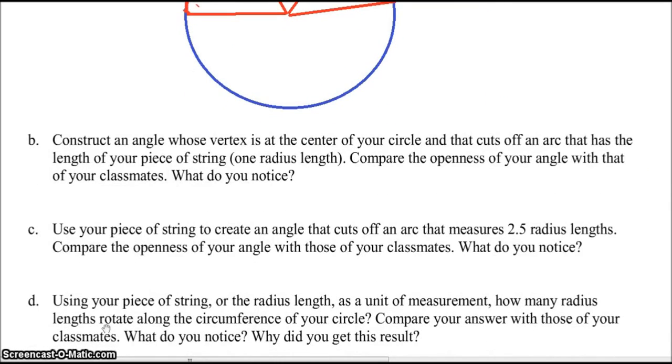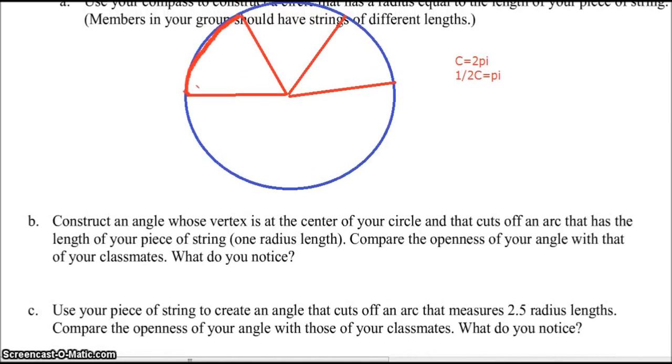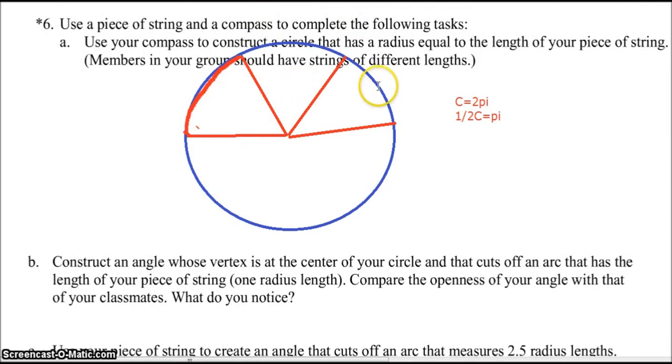Use your piece of string to create an angle that cuts off an arc that measures 2.5 radius lengths. So 2.5 would be somewhere about right here.